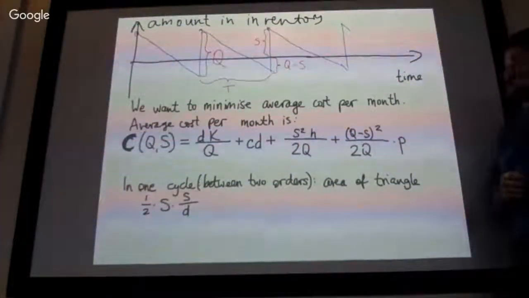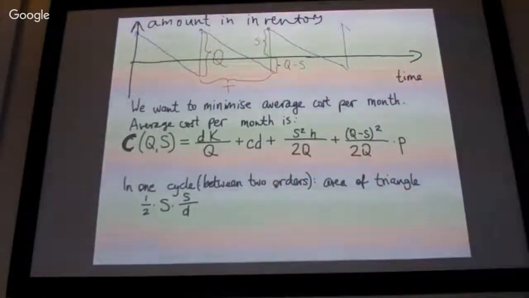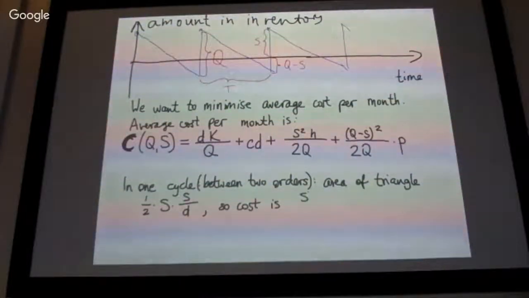That's the demand rate. So the cost in that is S squared H over 2D. Okay, stock holding cost.